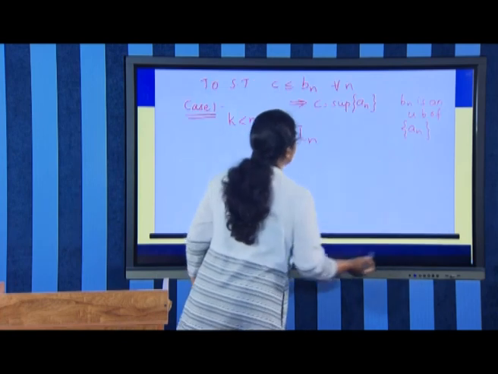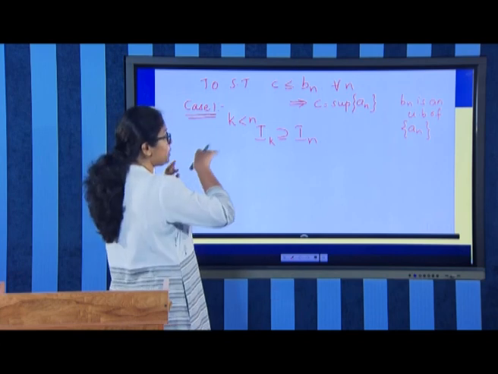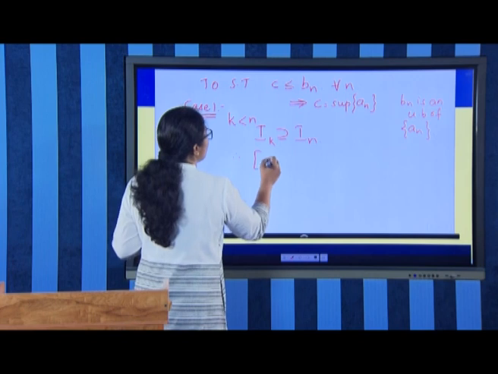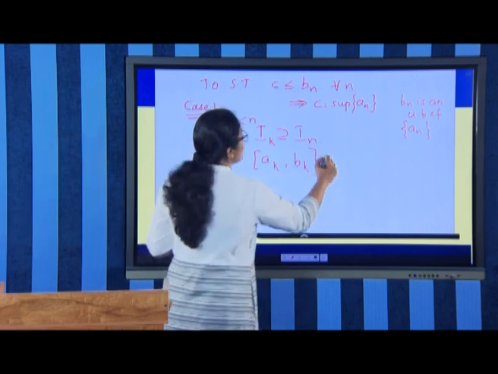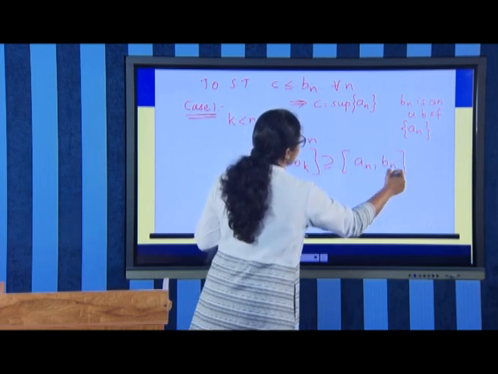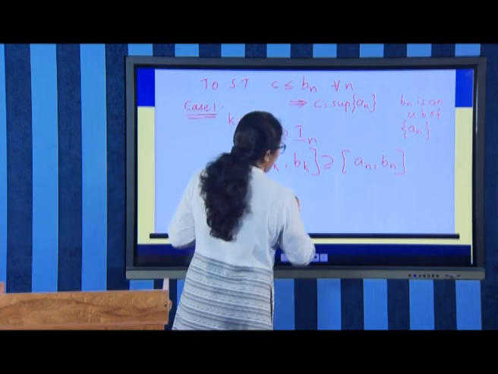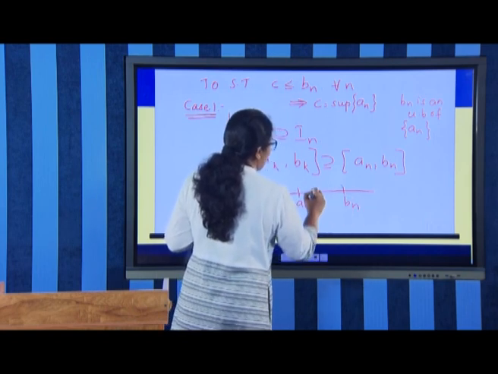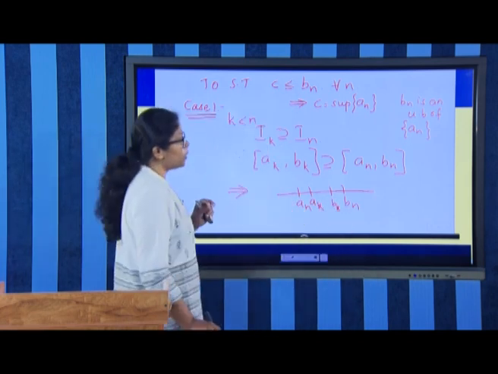So, if you have k less than n, Ik is the larger interval than In. Therefore, the closed interval [Ak, Bk] contains the closed interval [An, Bn]. So, [An, Bn] is somewhere here, and [Ak, Bk] is containing it. So, what happens?